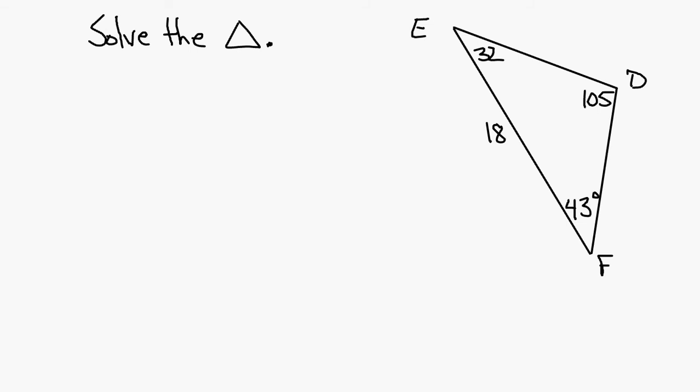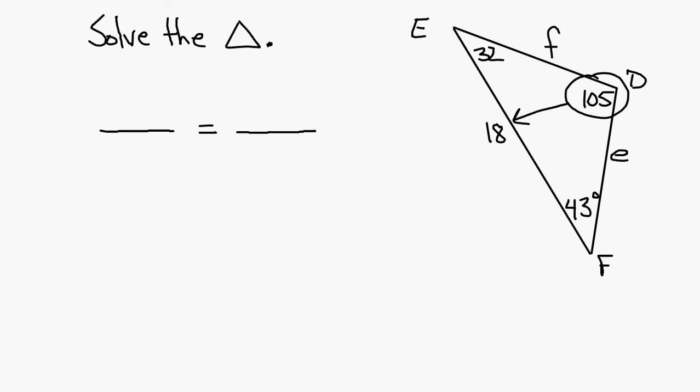Now, the next thing for you to do in this case is to choose which side you want to find next. Do you want to find little letter f, or do you want to find little letter e? That's your choice. If you're going to solve for little letter e, you're going to set up a proportion. Your proportion is going to look like this. There's the template for your proportion. You're going to start off with an angle and a side that you know.